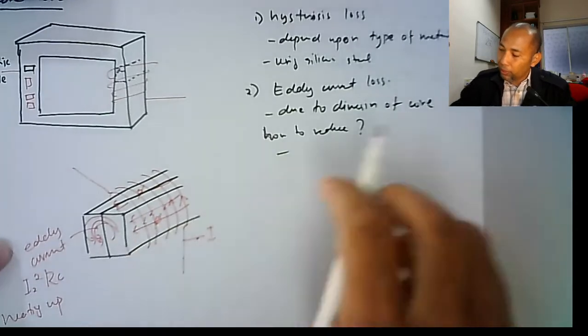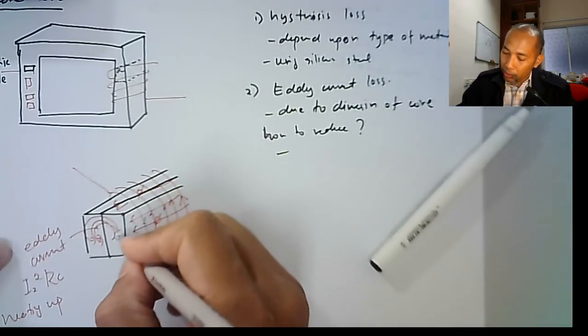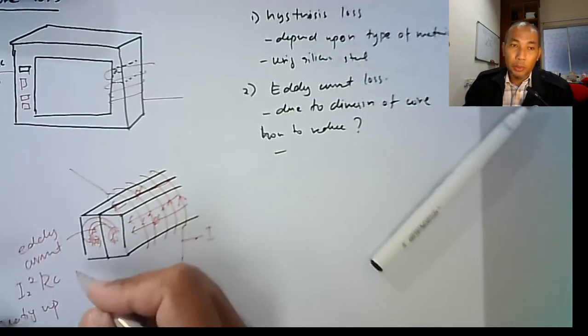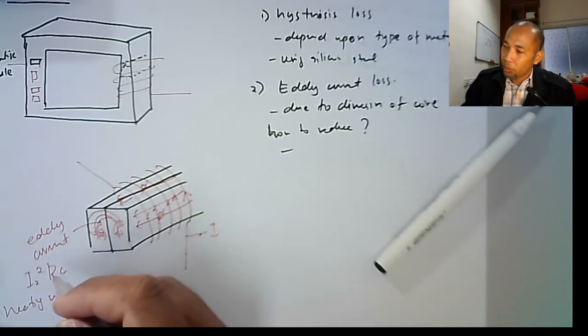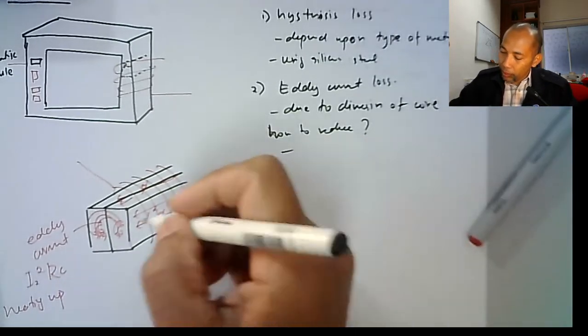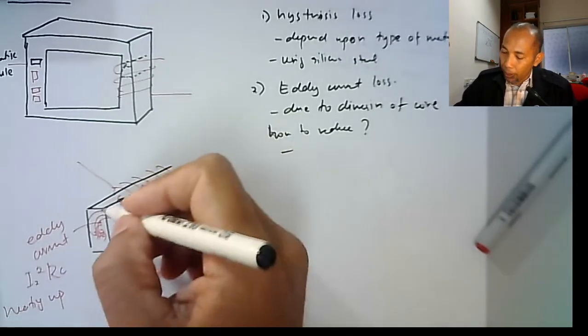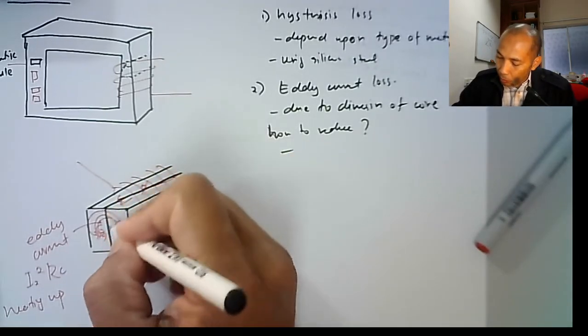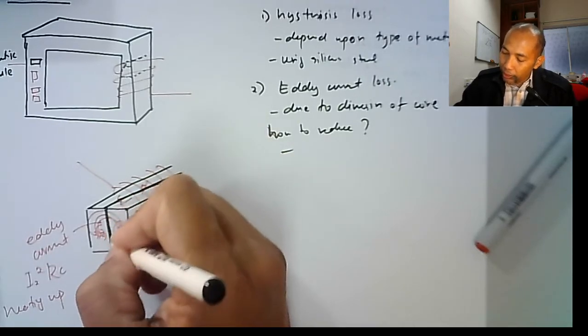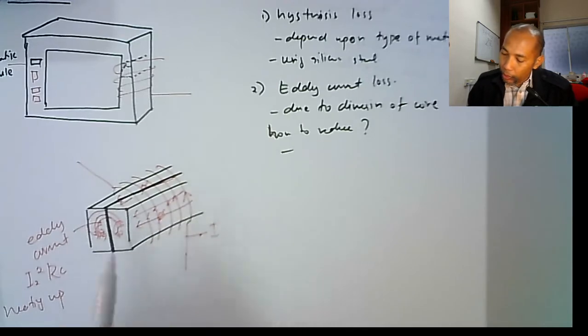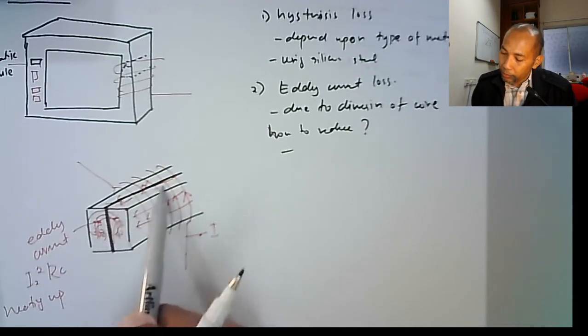When we split this core, the eddy current will be reduced to half. When the eddy current is reduced to half, the losses will also reduce to half. Actually, when we split it, we have to laminate it to isolate these two cores from each other.